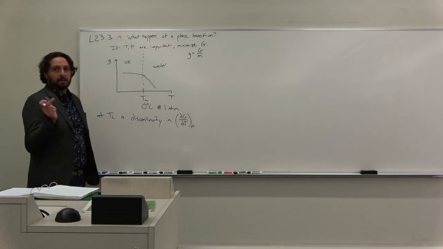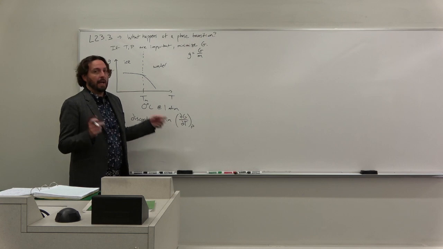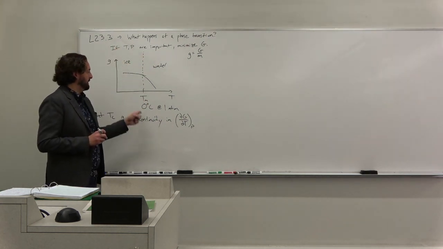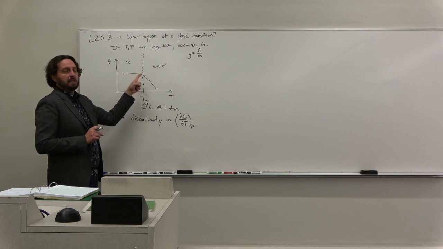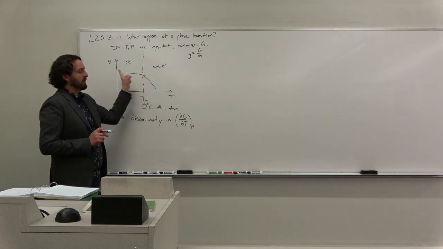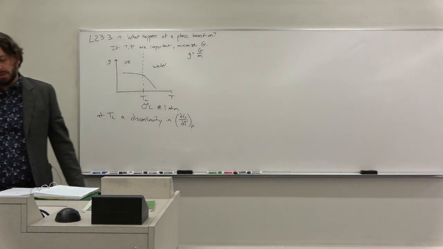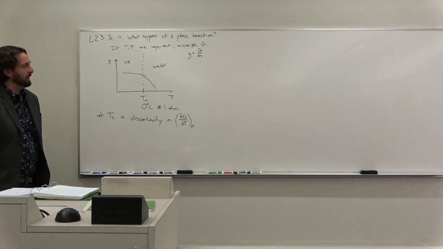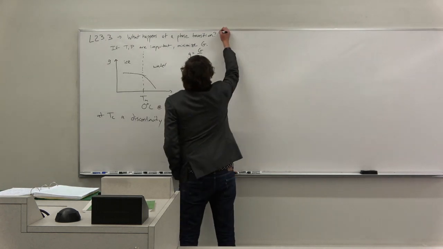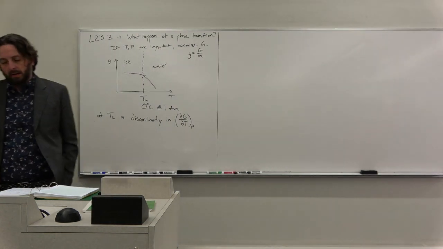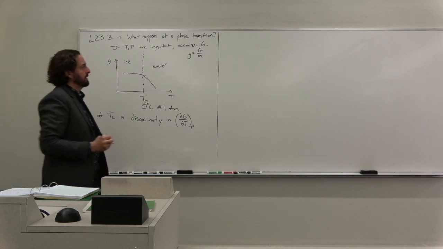Okay, so this is really cool. We know now that at a phase transition, the G's meet, and we have two different curves, so now we have a discontinuity in partial G, partial T. Okay, so let's look back at our big table of all of our free energies, right?